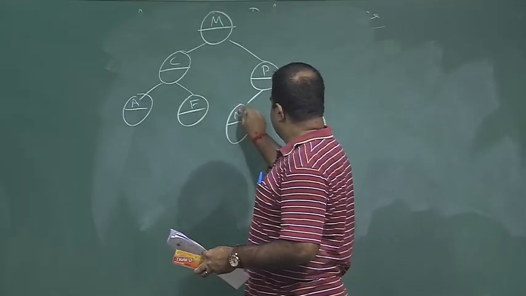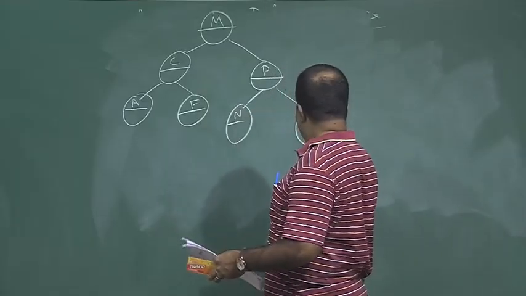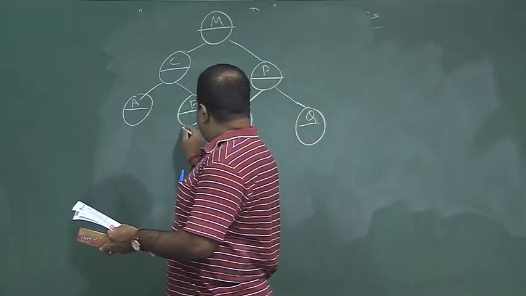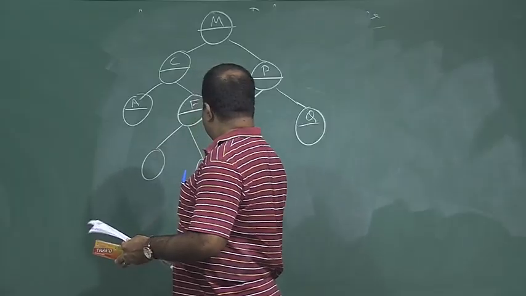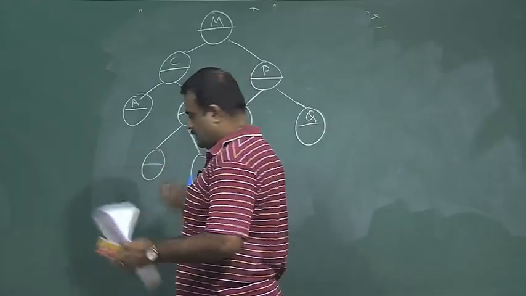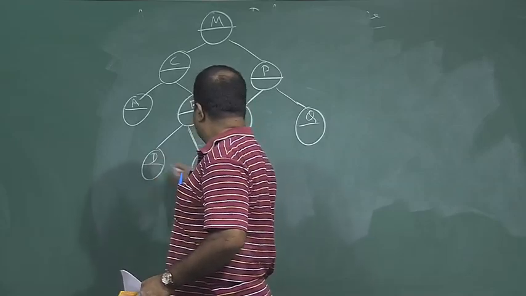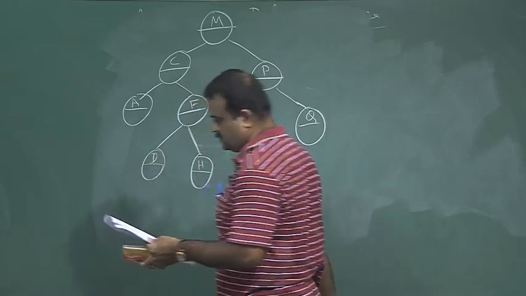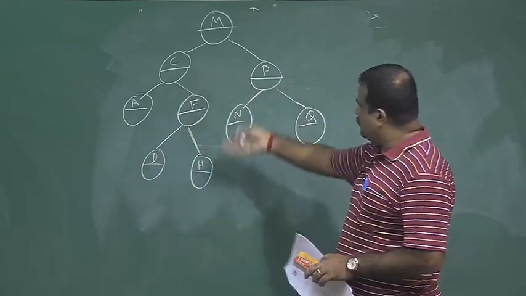So, this is N, this is Q, and we have another two nodes. Again, I want to make it a little big. This is D, this is H. Okay. And we obviously have the nil.